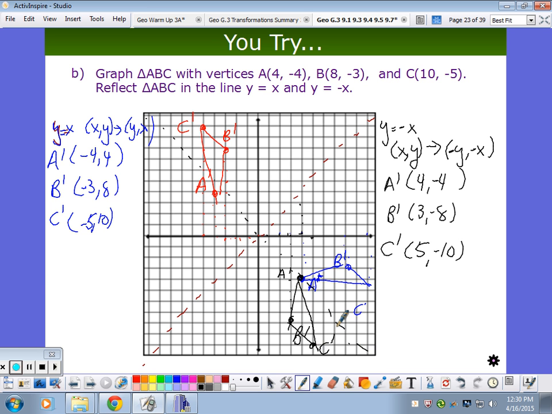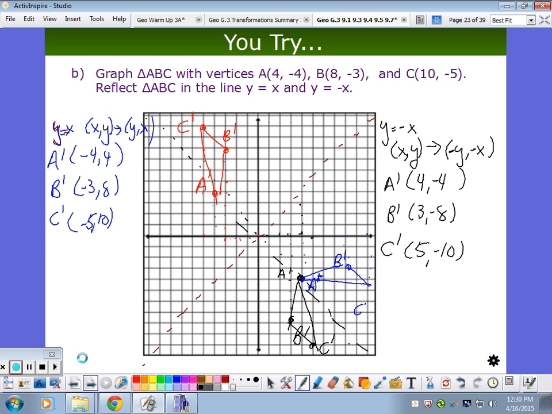So what's happening? Remember, this is the line we're reflecting over for that one. So they're going to line right over each other. It is possible that if your original figure crosses this line, they could cross over each other. There can be overlap. So don't worry. If that happens, that can be normal.